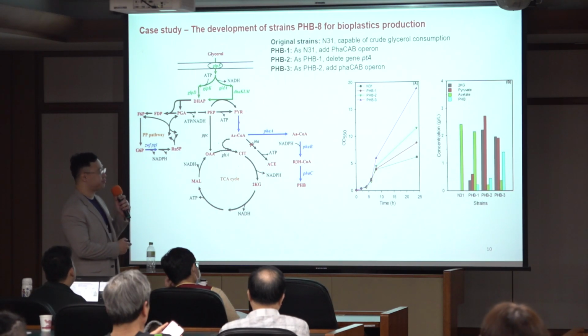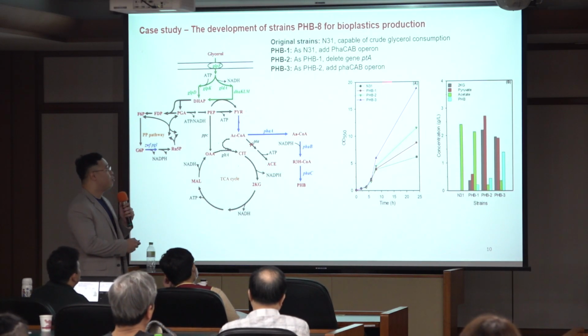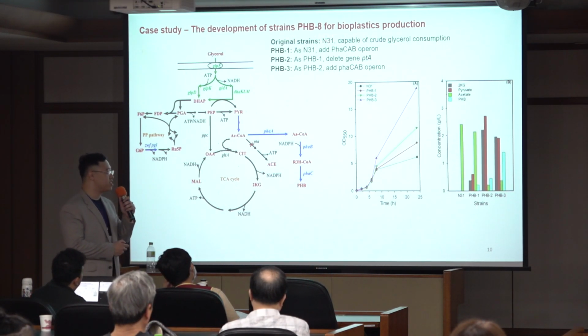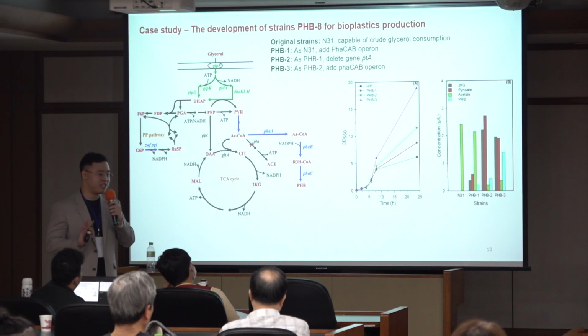So the first thing, in our lab we already have the strain, designated as N31, which is capable of using crude glycerol, but it cannot produce anything. If you want them to produce anything, we need to add the gene that can help them do the production.